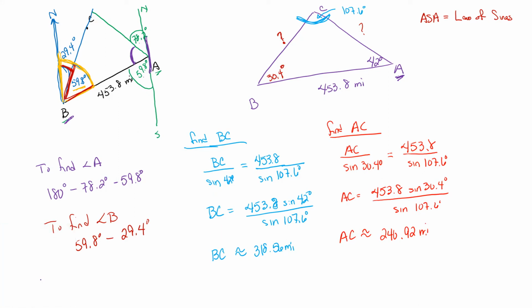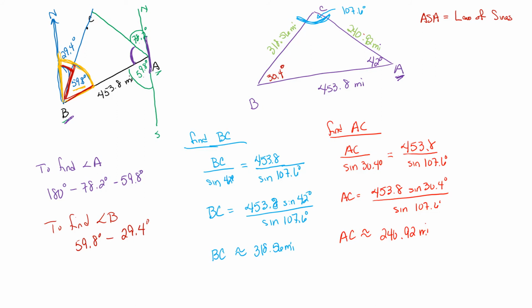Okay, so let me do some marking this down so we can see it. B to C we found was 318.56 miles. A to C we found was 240.92 miles.